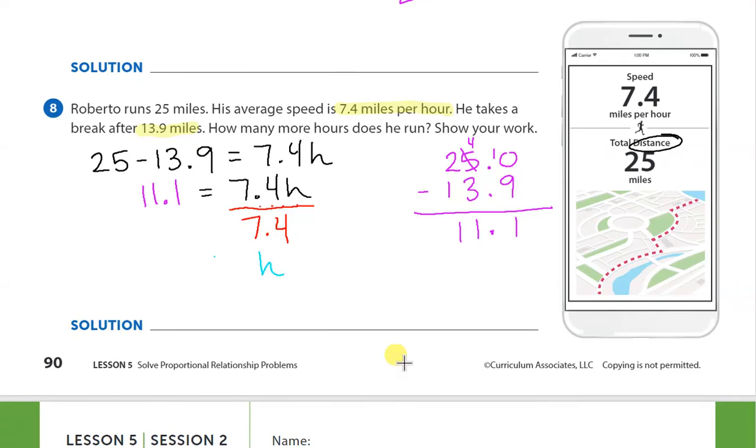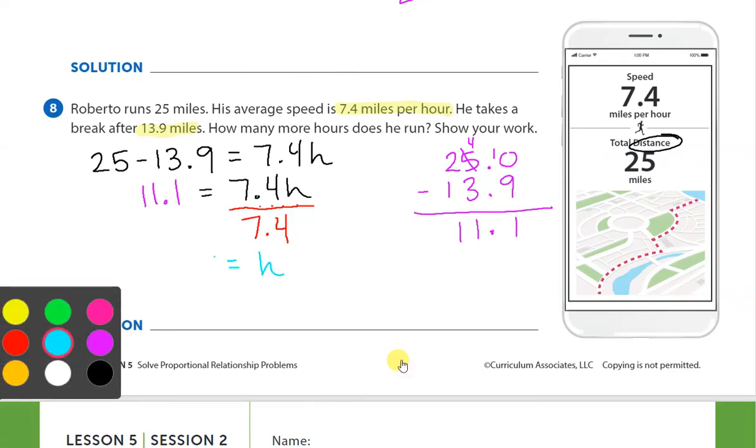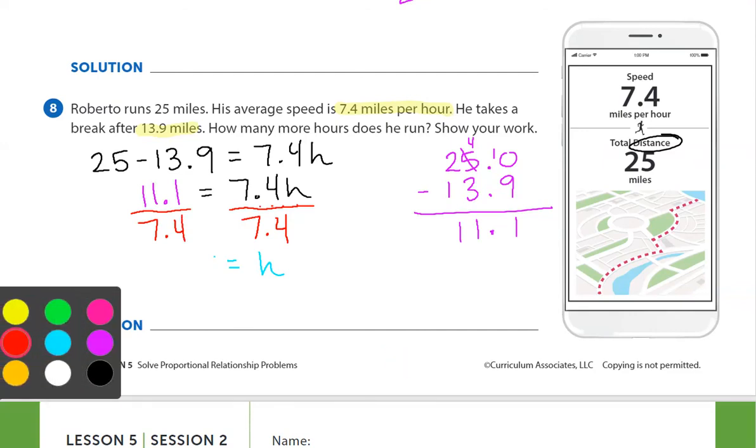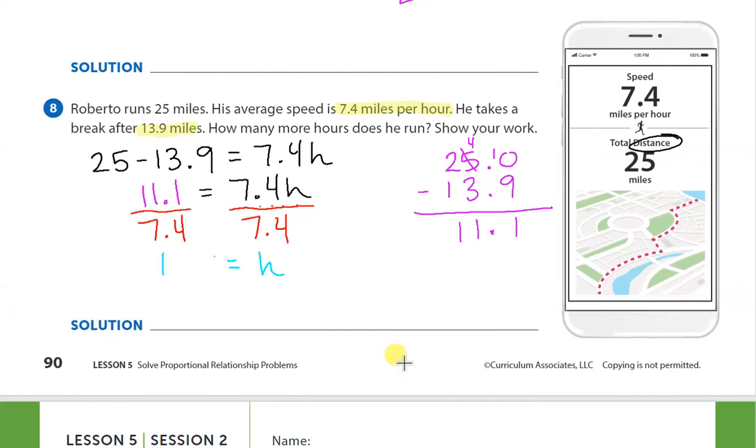I have 1h remaining. But the number one rule with solving equations is whatever you do to one side, you must do the same thing to the other. So 11.1 divided by 7.4, that is going to give us 1.5.